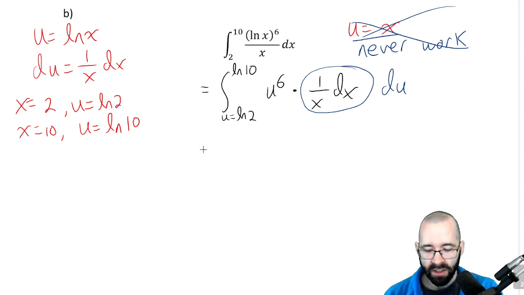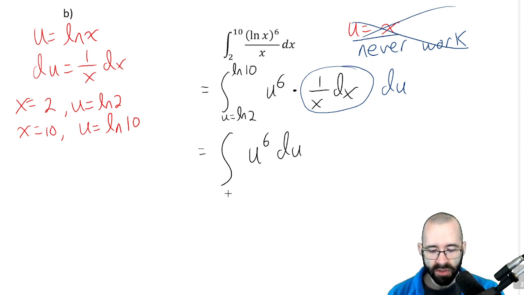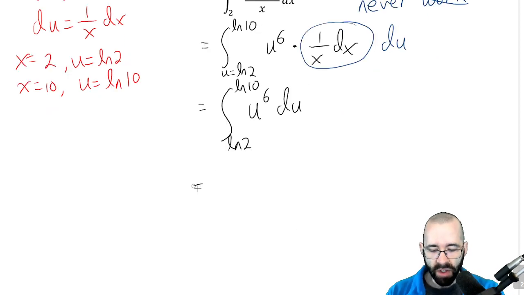It becomes a little easier to see that we have the integral of u to the 6th du. And now that we only have u's, I can just write our limits of integration like this. We use the power rule, u to the 7th, divide by 7, evaluate from natural log of 2 up to natural log of 10.